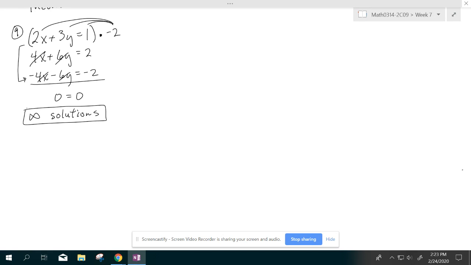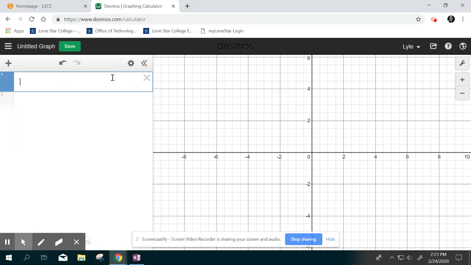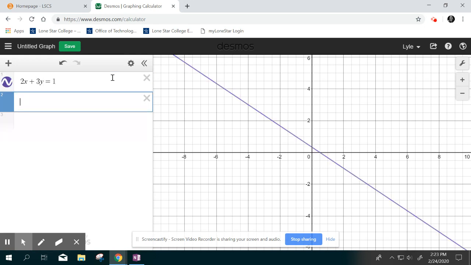I think I better prove that. All right, what was the first equation? The original? Yeah. 2x plus 3y. And the second one? 4x plus 6y.